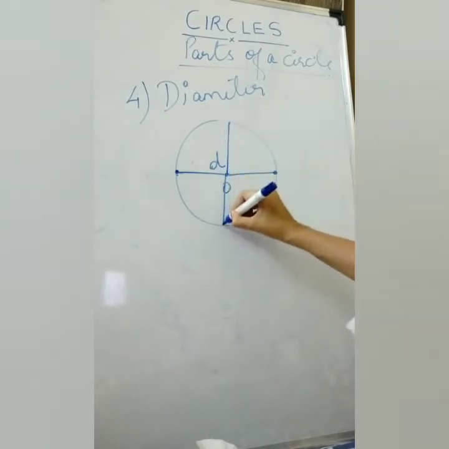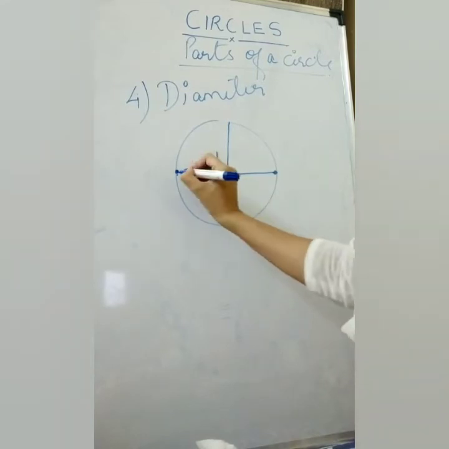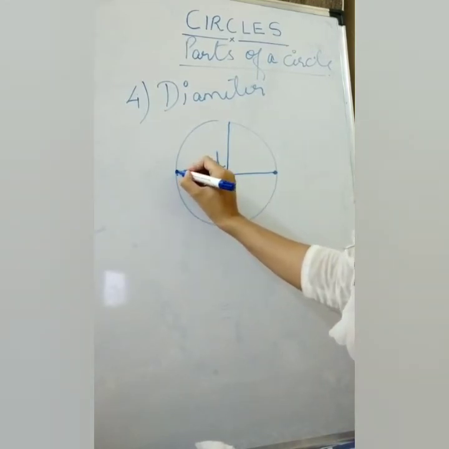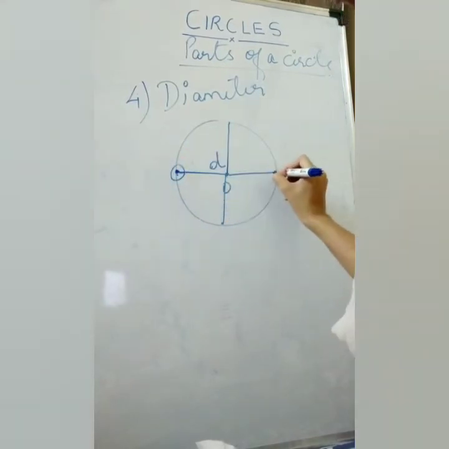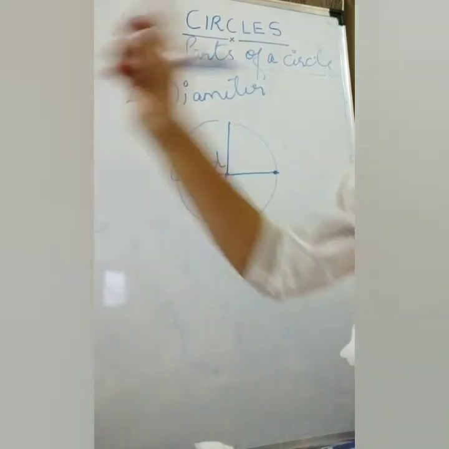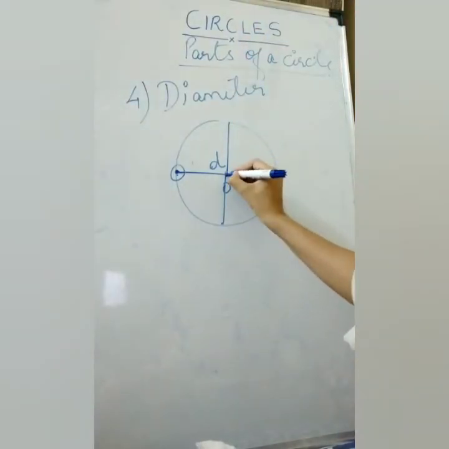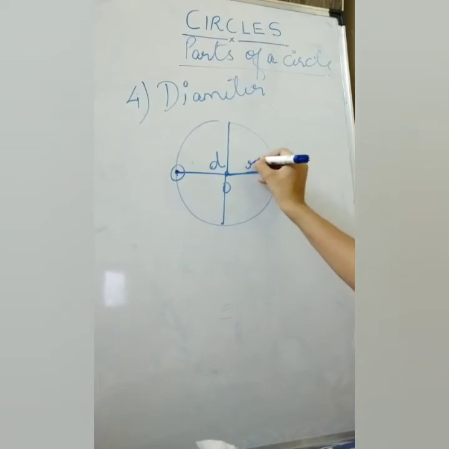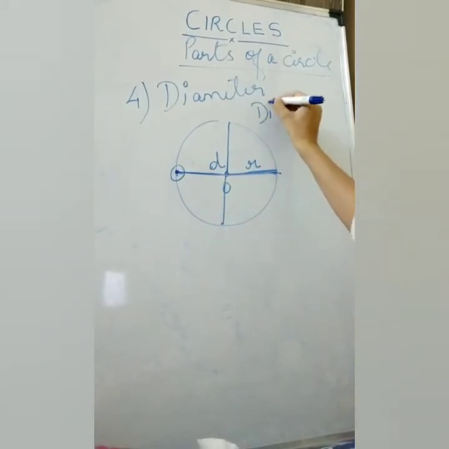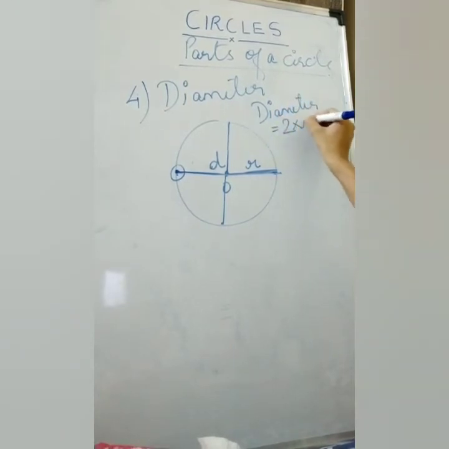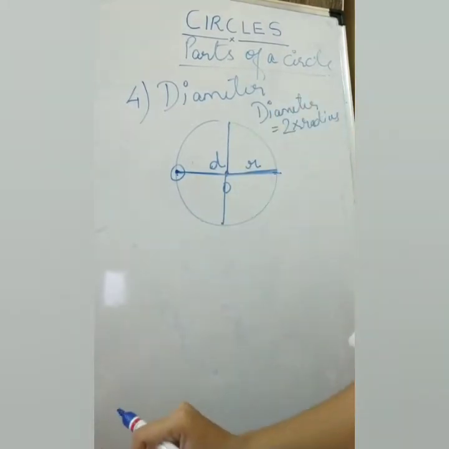Here to here, this is also the diameter. So diameter means the distance from one point of the circumference to another, and diameter is twice the radius. From the center to this part is the radius, and diameter is the complete part. So diameter is twice of the radius. Whatever radius is there, diameter will be double of the radius.